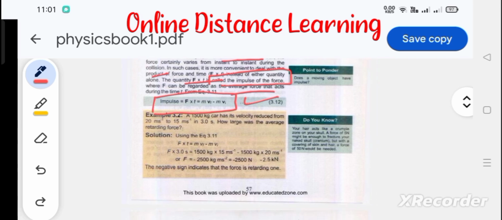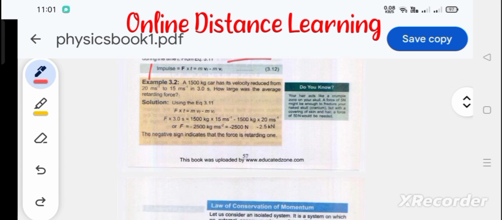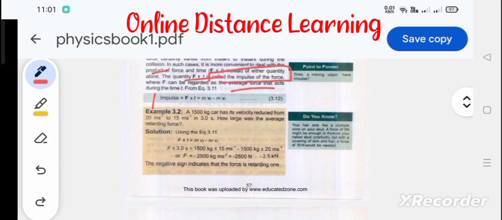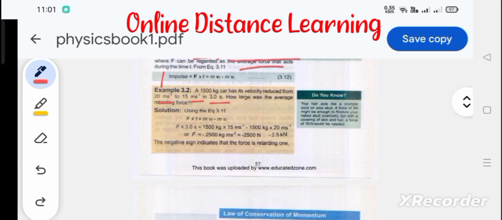Now we will see this example in which a body of 15 kg mass changes its velocity from 20 to 15 meters per second in time t. How large was the average retarding force? So the retarding force is actually given by the impulse. We will write mVf, we will write mVi, then we will multiply with time.